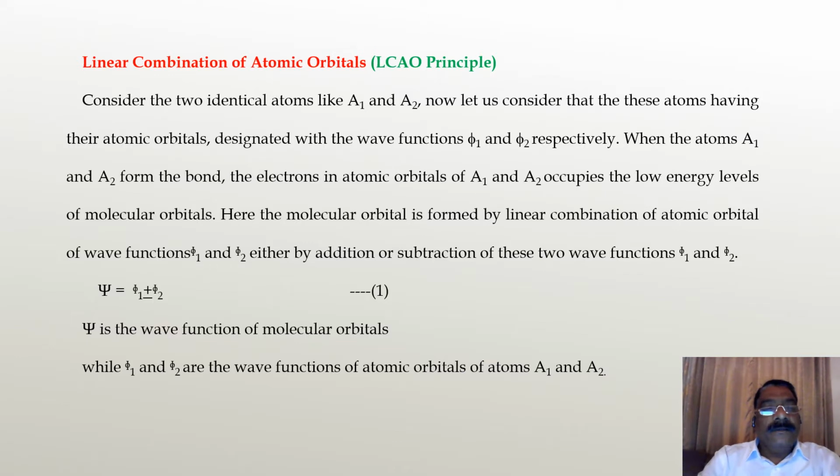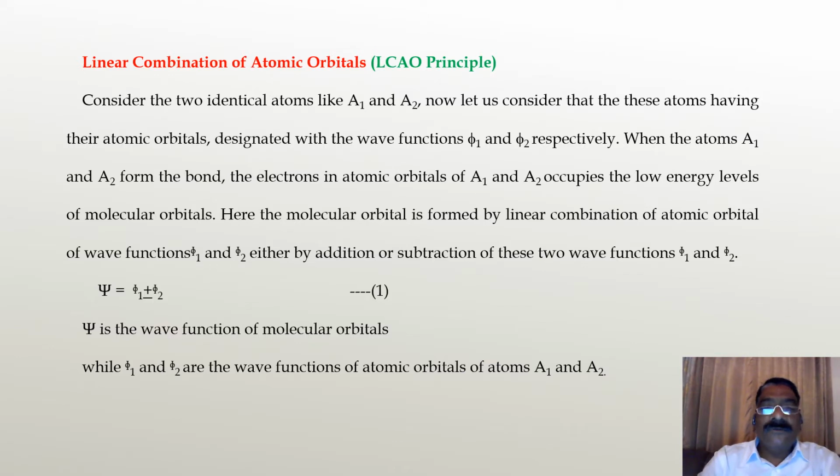After the addition or subtraction of these atomic orbitals, a molecular orbital is formed, which is represented by the wave function psi. So here the equation is psi is equal to phi1 plus or minus phi2, equation 1.